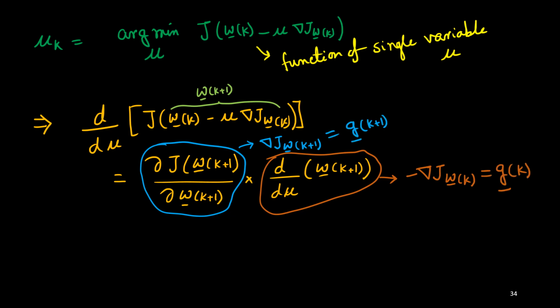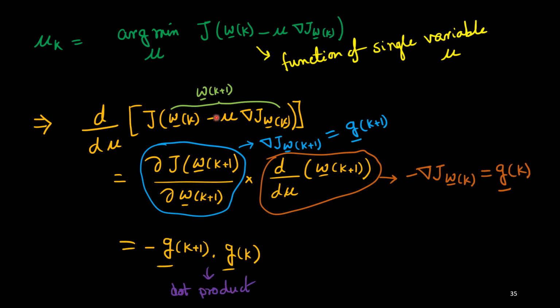So from here you can see that this is your gradient at wk plus 1, that we write as g k plus 1, and this one is the negative of the gradient at k, so you should put a minus sign here. Okay, so I am considering this gradient of j at wk is only gk, right? Don't be confused, the negative sign is something else, so this is replaced by only gk.